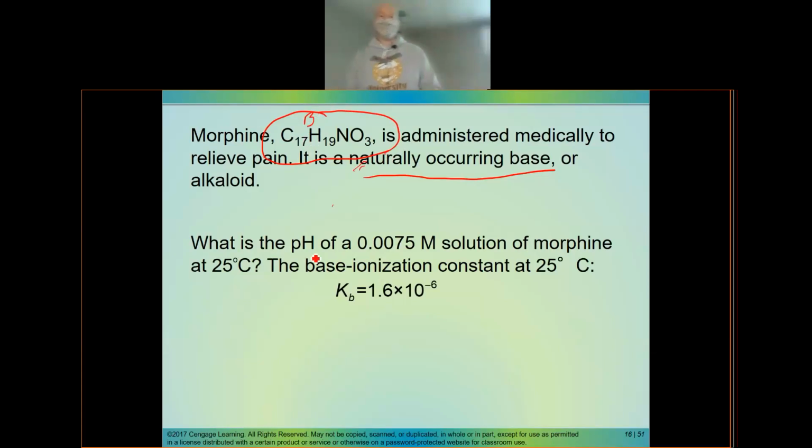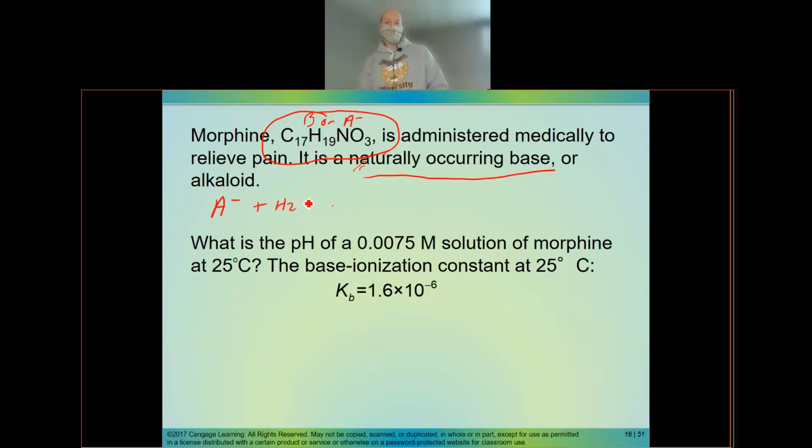I'm not going to change my method. I always call a weak base A minus. So I'm calling this B or A minus. I'm going to call it A minus. If you like to call it B because it doesn't have a charge, that is fine with me. All of my weak bases I call A minus.